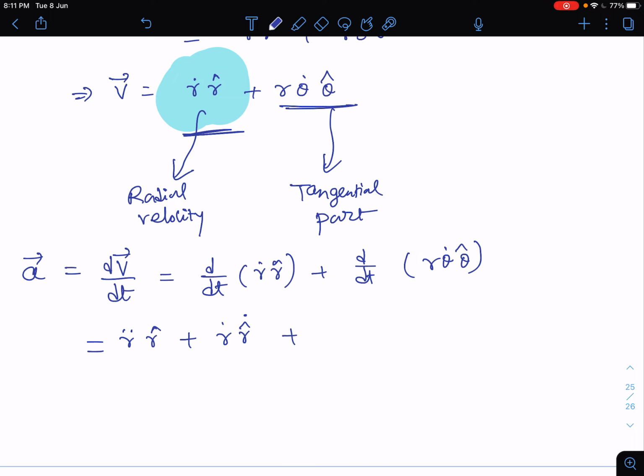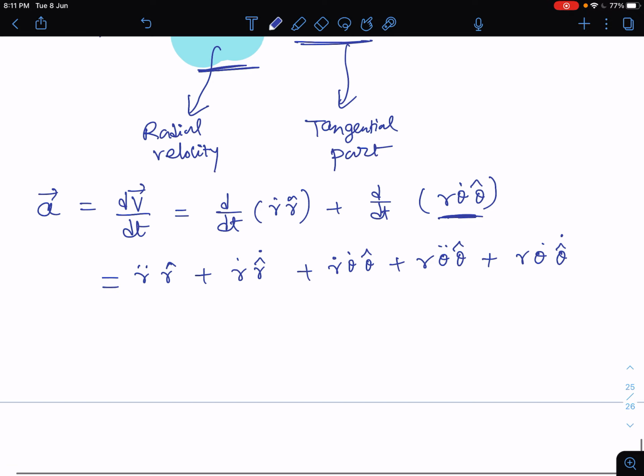For the second, there will be three terms, because there are three factors to differentiate. The first term is r dot theta dot theta cap, the second term is r theta double dot theta cap, and the third term is r theta dot theta cap dot.